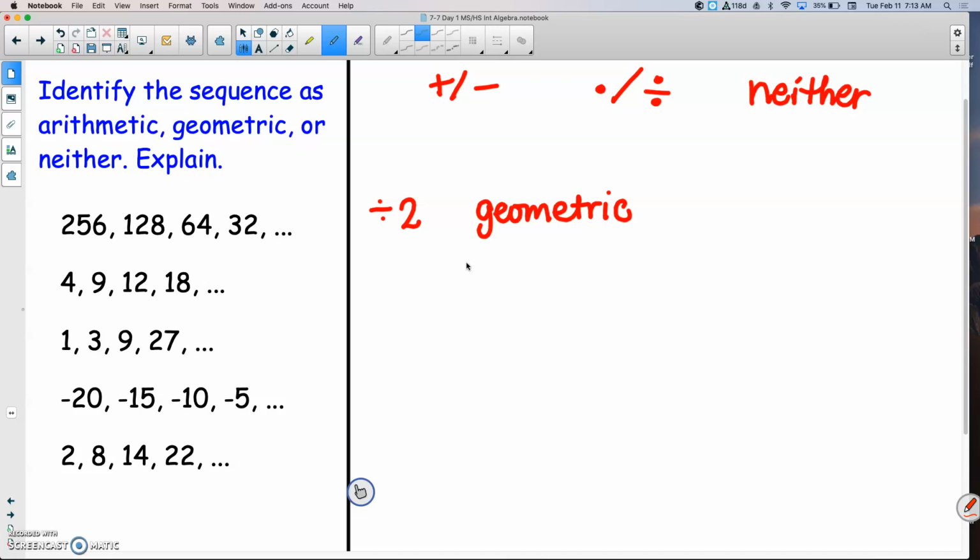The next one, though, it's going up 5, but then it's going up 3, but then it's going up 6. So that's neither. It's not a multiplication pattern either when it goes up like that. Okay, the next one, from term to term, I can tell it to multiply by 3, so it's geometric.